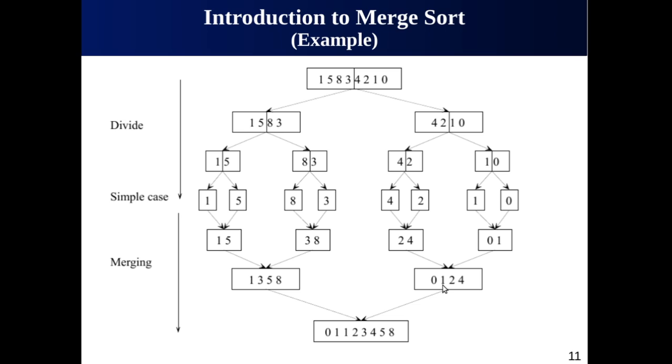Once you remove it, it exposes a new top card, and now the value of this card is 1. Now we have a 1 here and a 1 here. Both are equal, so it is up to you whether you place this card or that card, or the algorithm will decide. Normally we choose the card from the left hand side, which is 1.